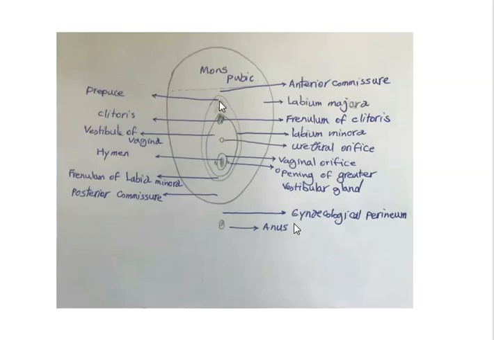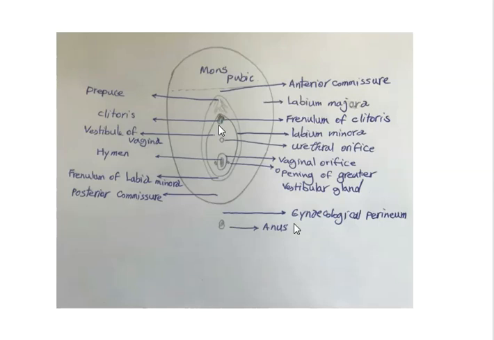So here, as you can see, on left and right it splits in two layers. This one makes the prepuce of the clitoris. Posteriorly, below the clitoris, they make the frenulum of the labia minora.